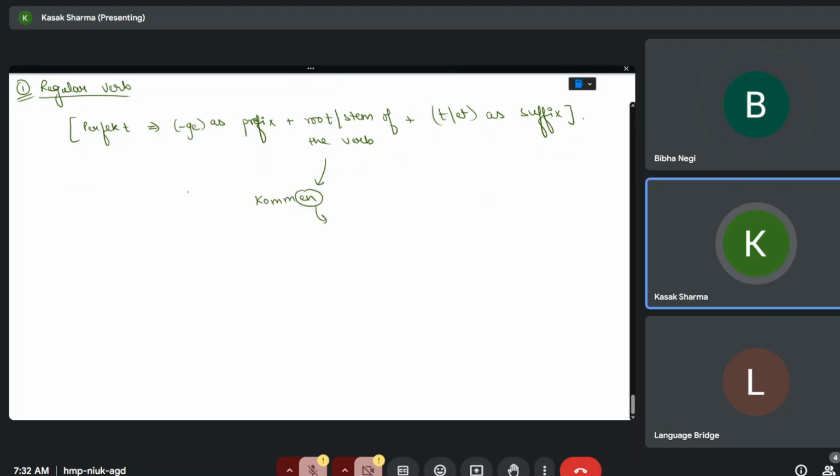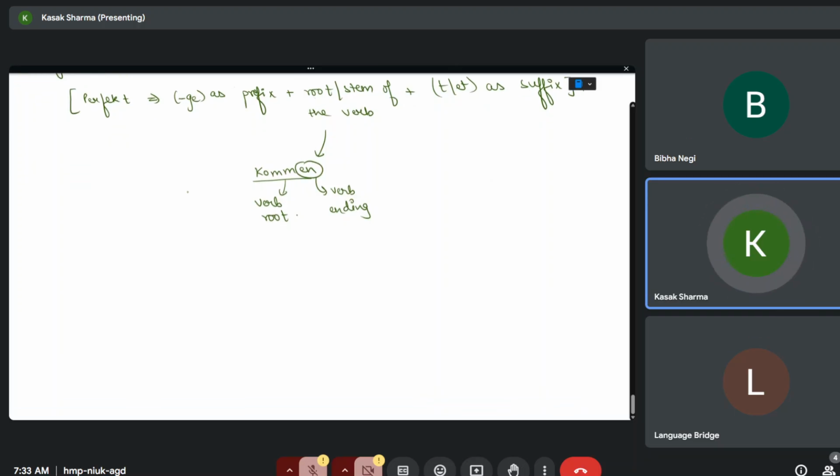Mostly in German the verb ends with en. We call it the verb ending, and the remaining part, komm, is called the verb root or stem. Now coming to forming the Partizip II or the perfect form of the verb with this structure.